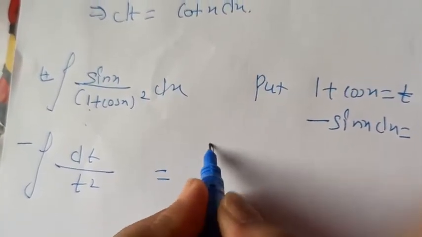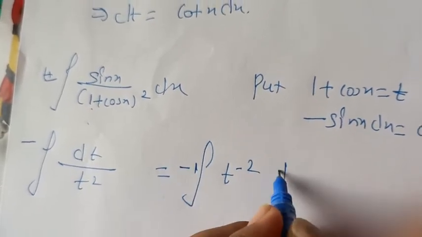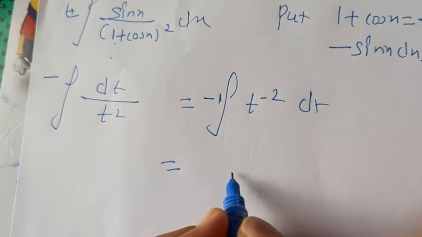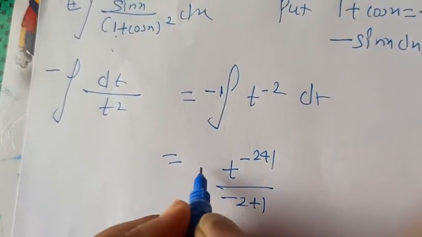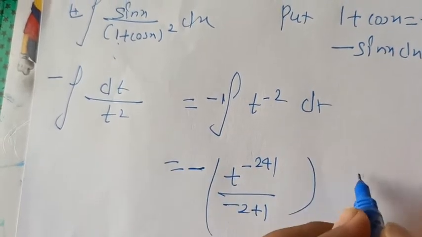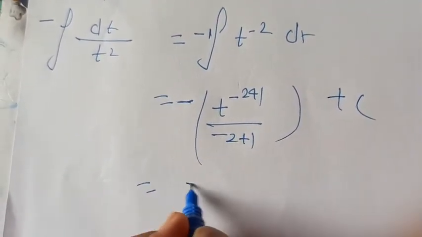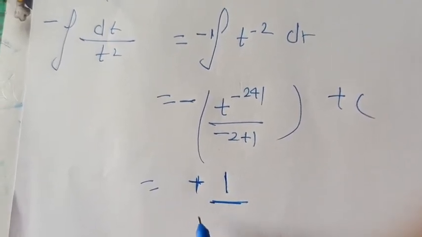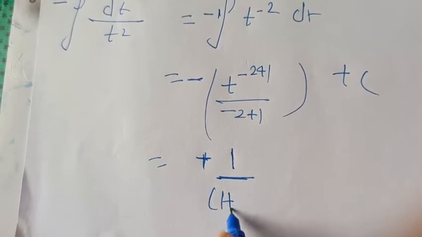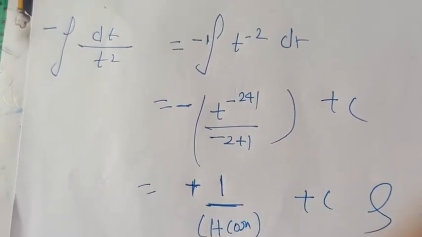When you integrate this, you get t to the power minus 2 plus 1 over minus 2 plus 1, with the negative sign. This will give you 1 by t with positive sign, and your t was 1 plus cos x, plus c. So this is your answer.